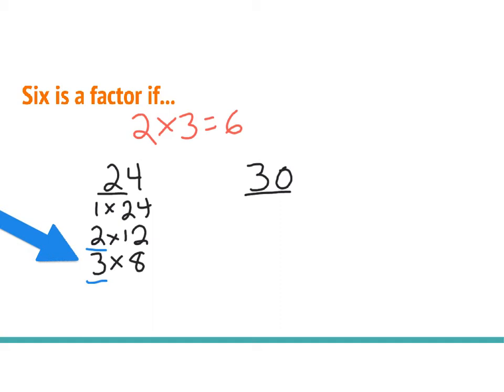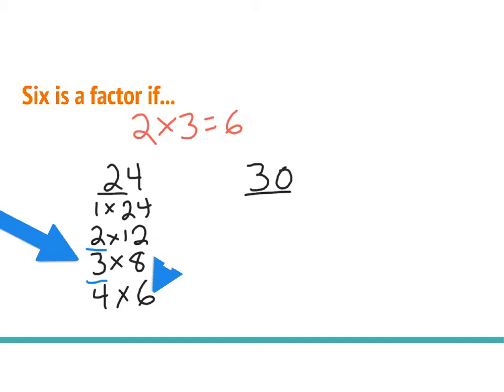So the next number I would go to would be 4 and 6. Well, sure enough, there it happens to be. Since 2 and 3 worked, that 6 right there showed up. So if a number has both 2 and 3 as a factor, it will always have 6 as a factor.